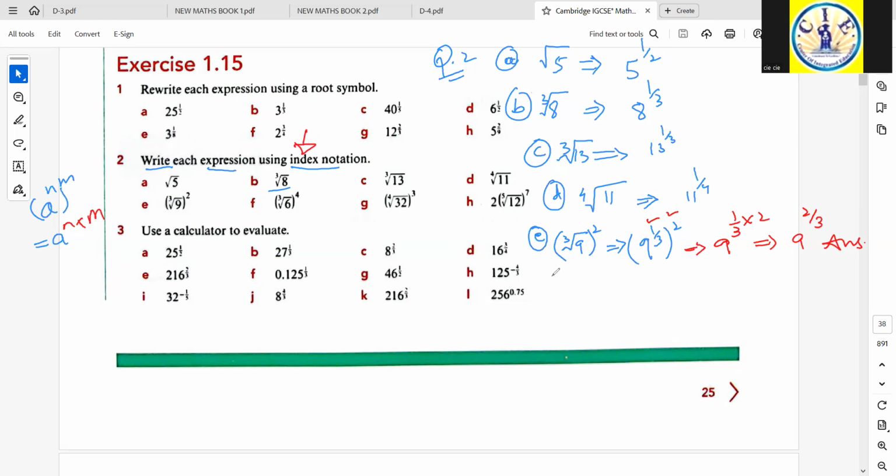Okay, then for part F, cube root of 6 whole raised to power 4. So that will give me 6 raised to 1 by 3 whole raised to power 4. Now again, the two powers would be multiplied to give us 6 raised to power 4 by 3.